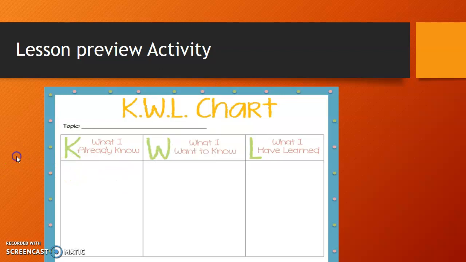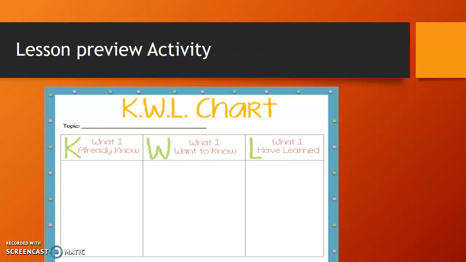All right, so to start off our lesson, we are going to fill out a KWL chart. I want to know what you might already know about the Boston Massacre, what you want to know, and what you have already learned. So at this time, we'll do one single section at a time. I'll ask students what they already know about the Boston Massacre.